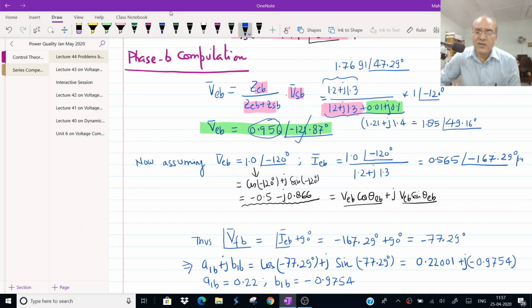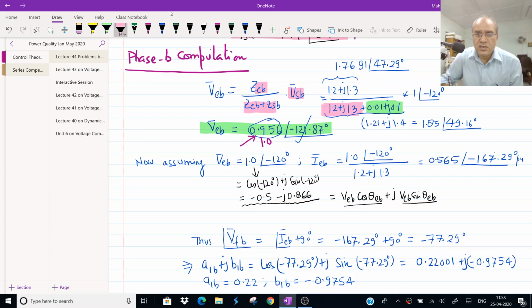Ideally it should have been 1.0, but now it is 0.95. It's not much reduction, 5% reduction. This can be well tolerated. But in phase A voltage there was a significant reduction. Nevertheless, our aim still is to maintain this voltage at 1.0 for the faithful operation of the load. So let this voltage be 1.0 per unit.